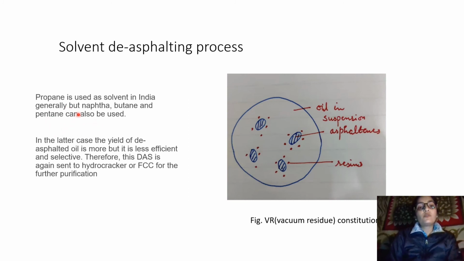If we use, for example, naphtha, butane or pentane, the yield will be higher, no doubt, but the product which we obtain after this asphalting or solvent extraction process will not be as good as it was with propane, and that deasphalted oil we have to again send to the hydrocracker or fluid catalytic cracker for further refining.